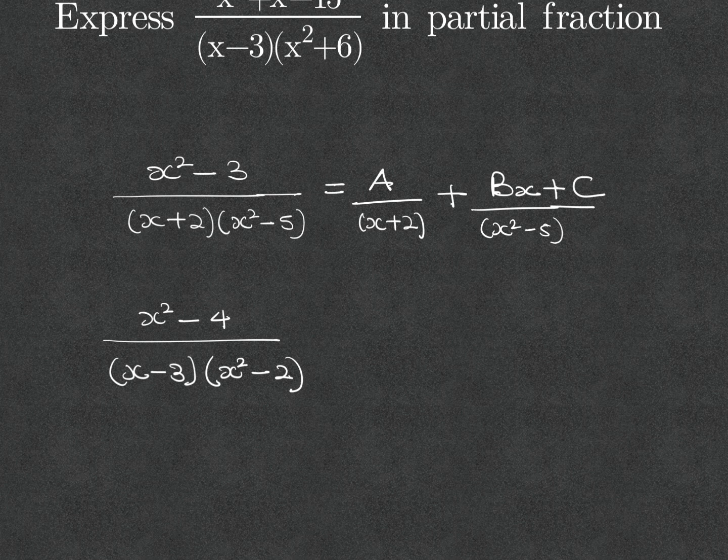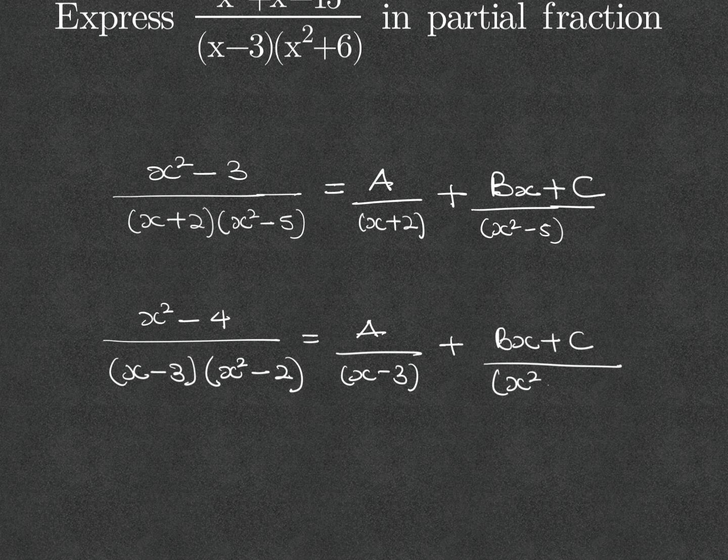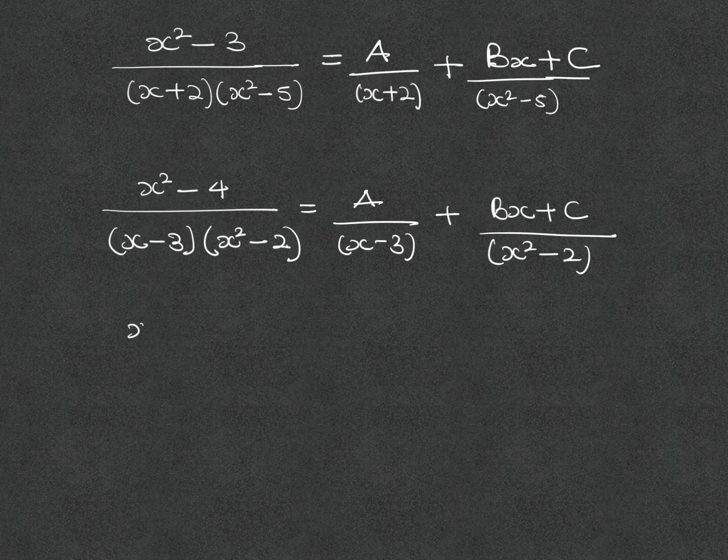So this is going to be a all over x minus 3 plus bx plus c all over x squared minus 2.